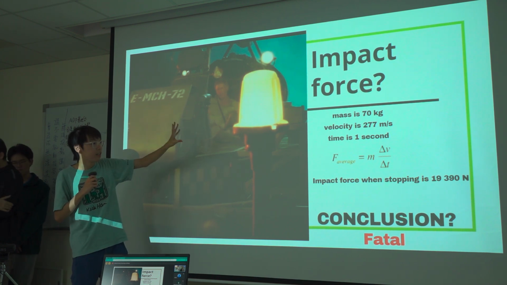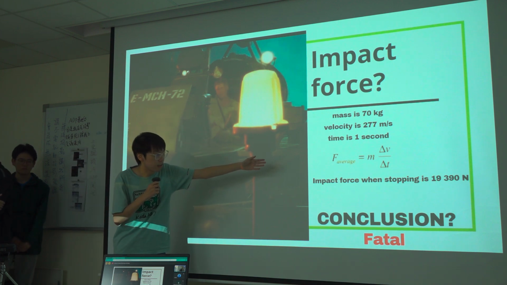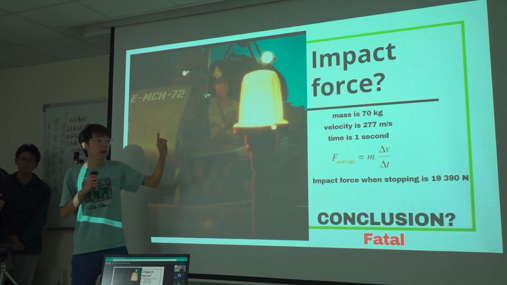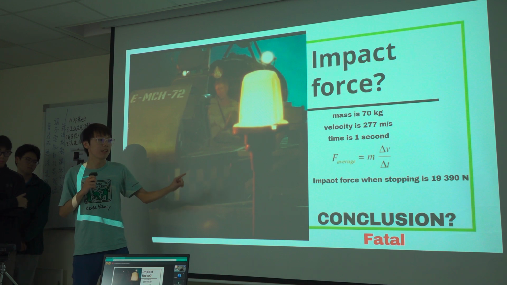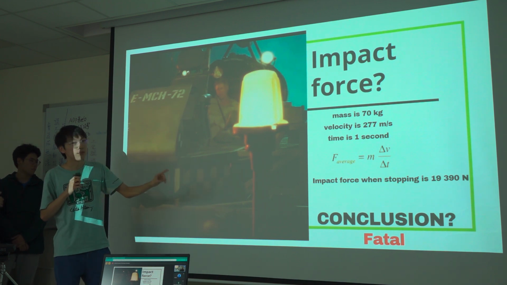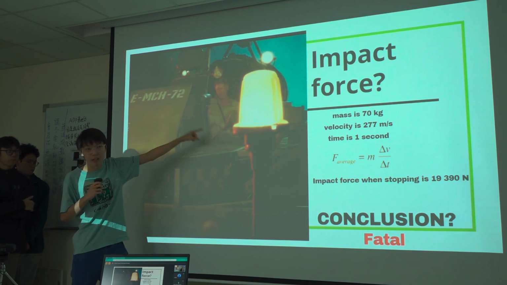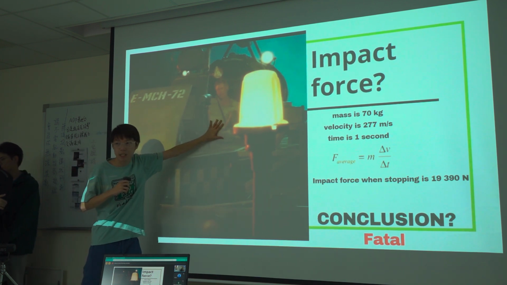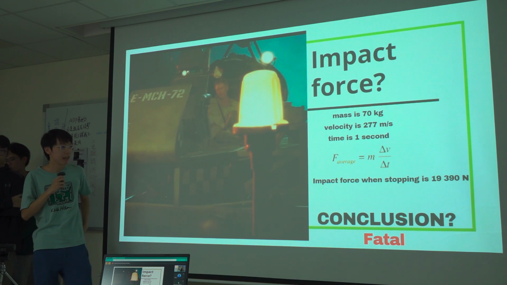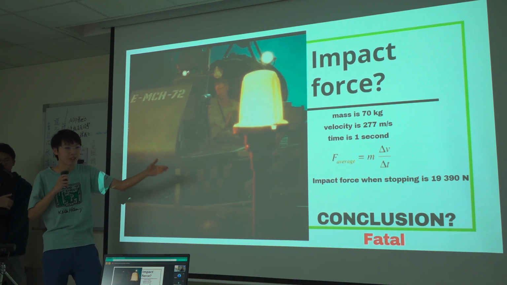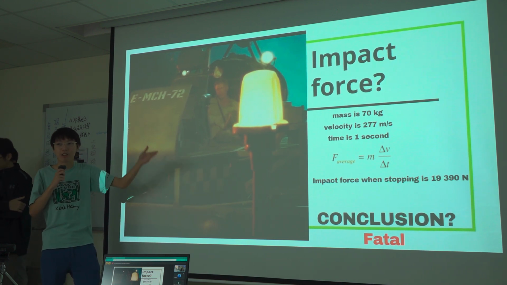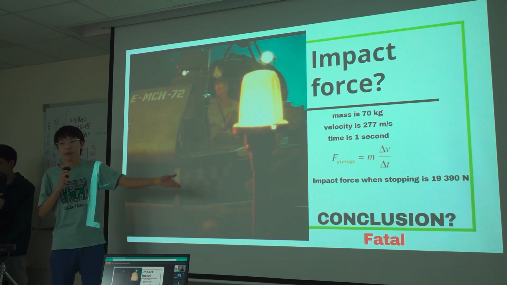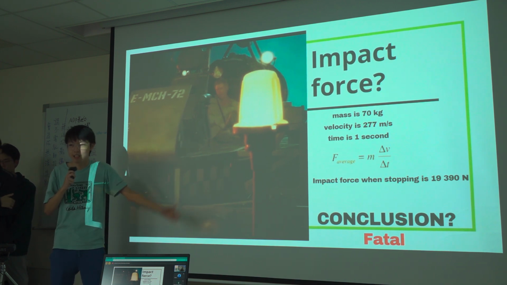So this is the calculation of the formula, and the impact force of stopping is 19,390 newtons. This amount of force, without a seat belt, without safety gear, will throw you far away. But the fact that they are still here does not make sense. And the conclusion is that they were supposed to be either dead or suffer very bad, critical injuries. That's all I have.